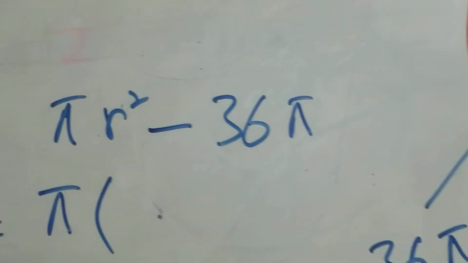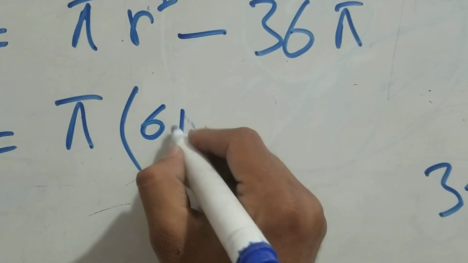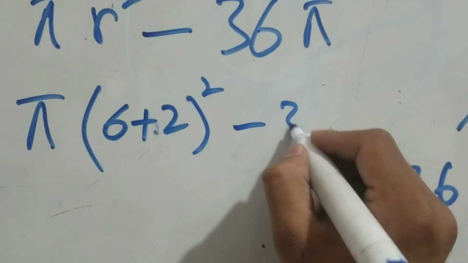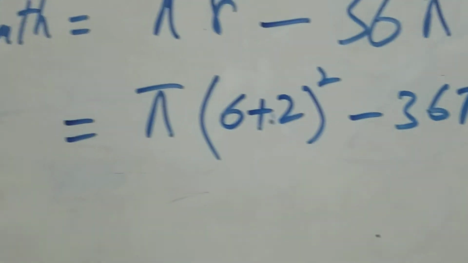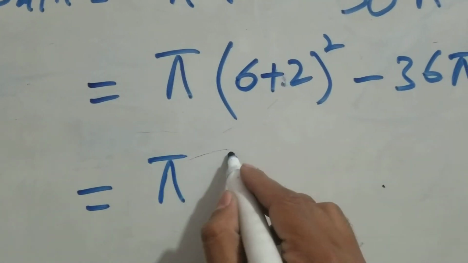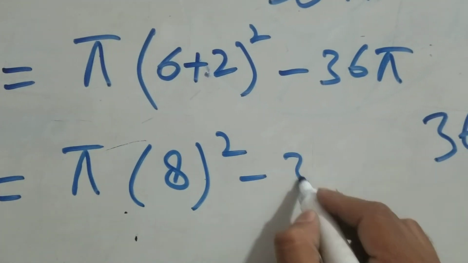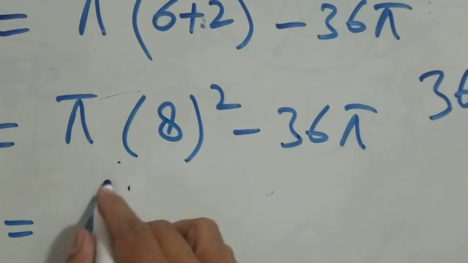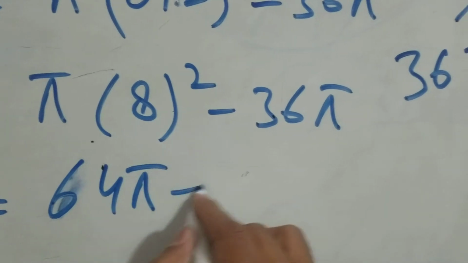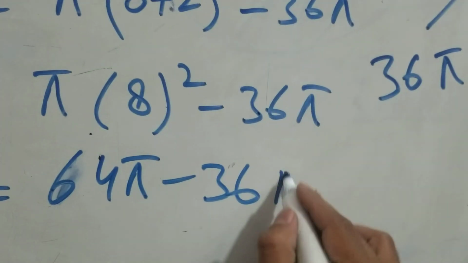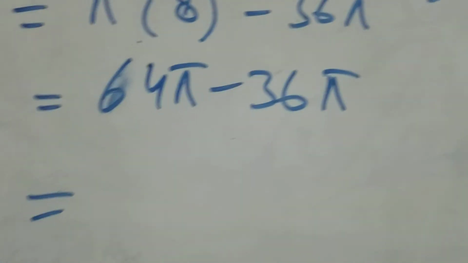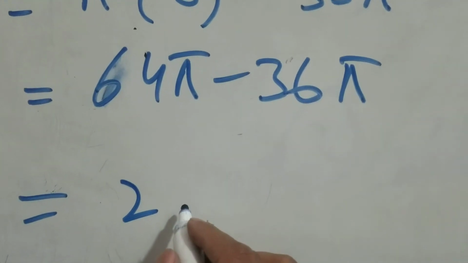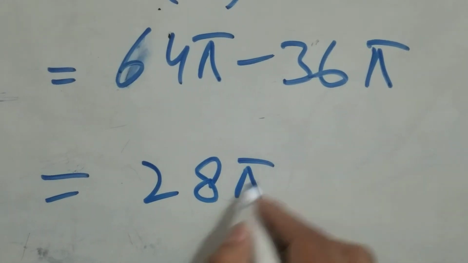So we add these values, 6 plus 2, in square form, and minus 36 pi. So we have 8 square minus 36 pi. 8 square is 64 pi minus 36 pi. So the result is 28 pi.